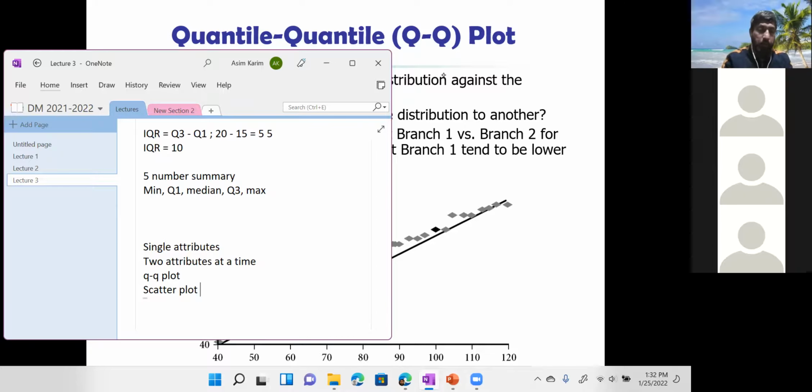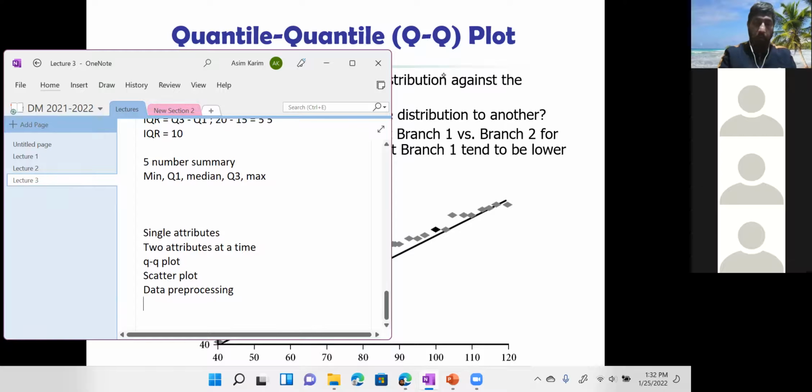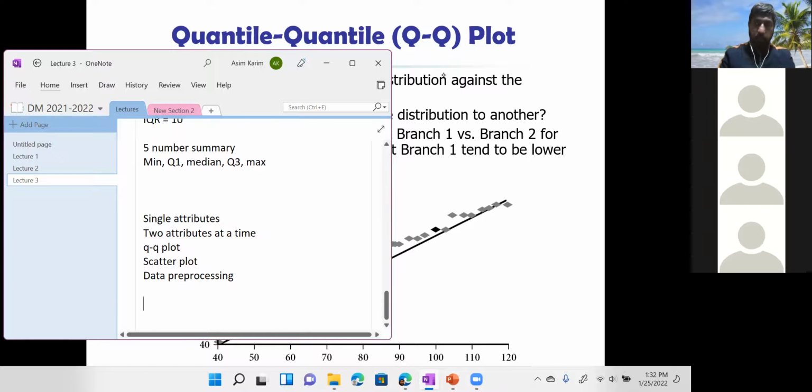So we will now move on to chapter 3, which is on data preprocessing. And I'm just going to start this, and I know we are running out of time. So we'll continue from here next lecture. So data preprocessing is usually a massive stage in data mining.